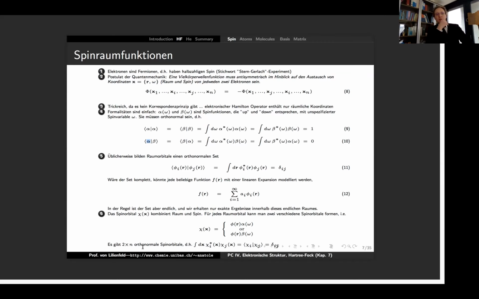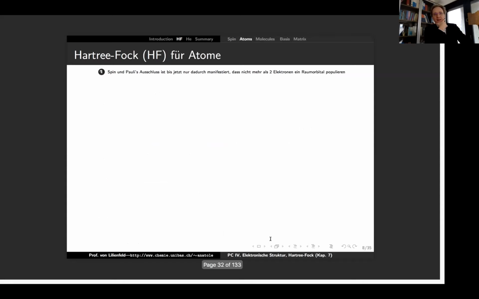And so there are 2n orthonormal spin orbitals then, which you can construct this way. And the alpha and the beta will then in this inner product take care of this orthonormality, and so that's how you can do it.